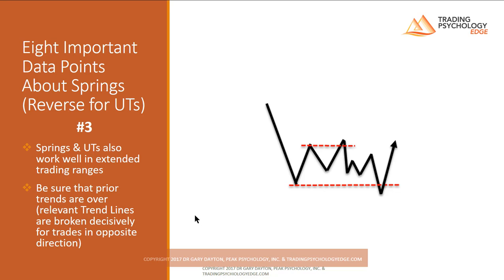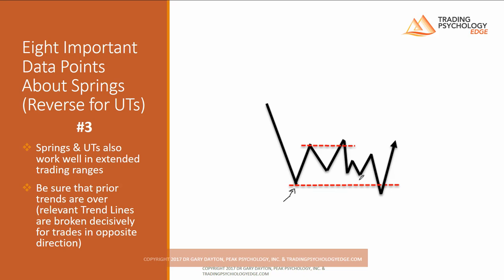If you're in a trading range, when we say that the upthrust is going to take out the last swing low, or the spring is going to take out the last swing high, you can modify that. In the case of an upthrust, our target is really going back down towards the bottom of the trading range.